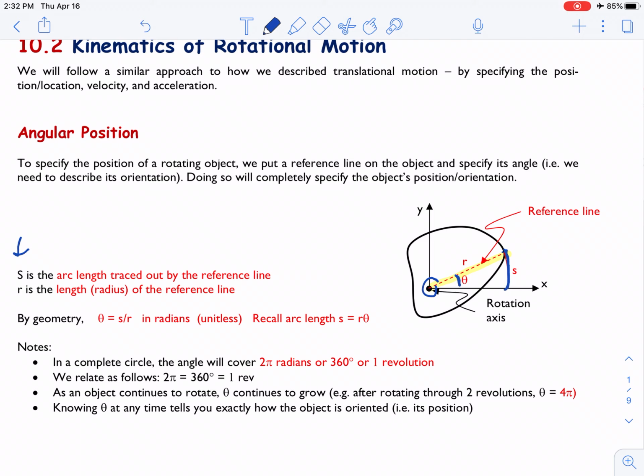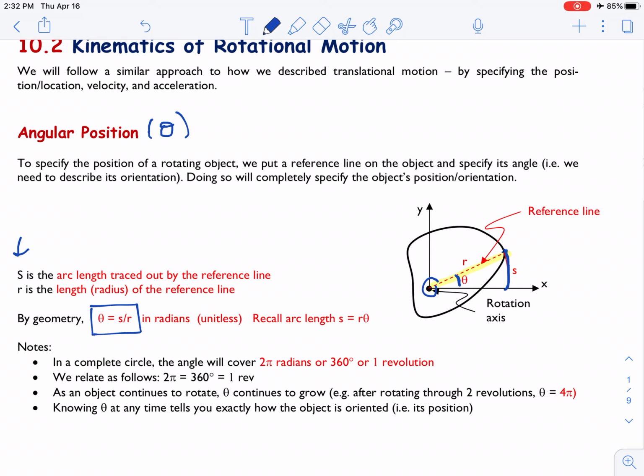Okay, so from the geometry, we can write the angle in terms of arc length and the radius. Okay, and so theta is going to be our angular position. So when we say position in rotational motion, you don't recall x, y, you recall theta.